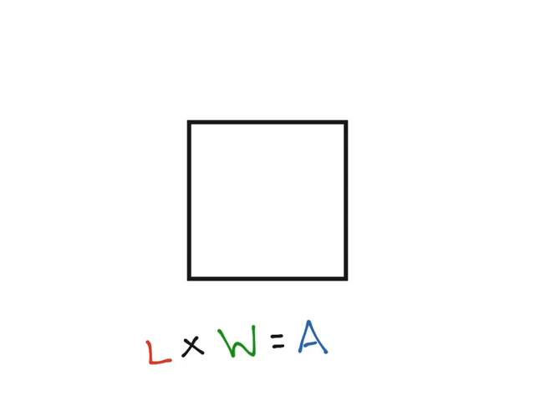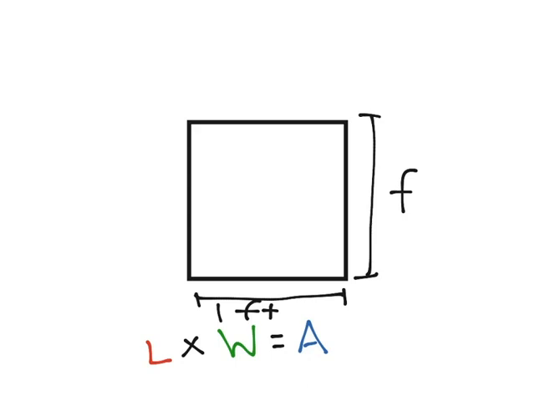This square is 1 foot by 1 foot. Okay? And we're going to tile this square into sections. So I am going to say that each of the tiles is 1/3 by 1/4.